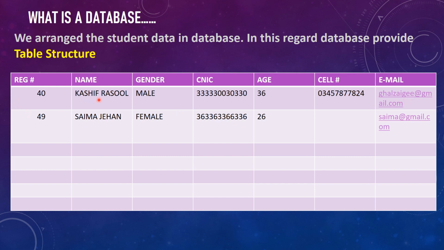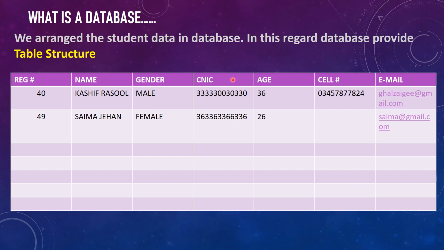All these entries are related to one entry, and this is the second record of students. This is formed in the table.